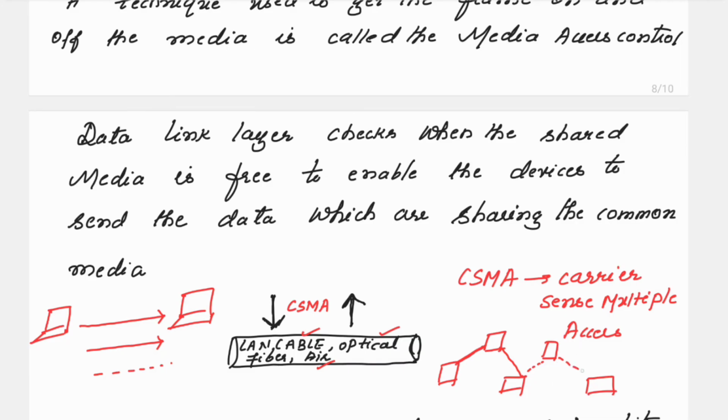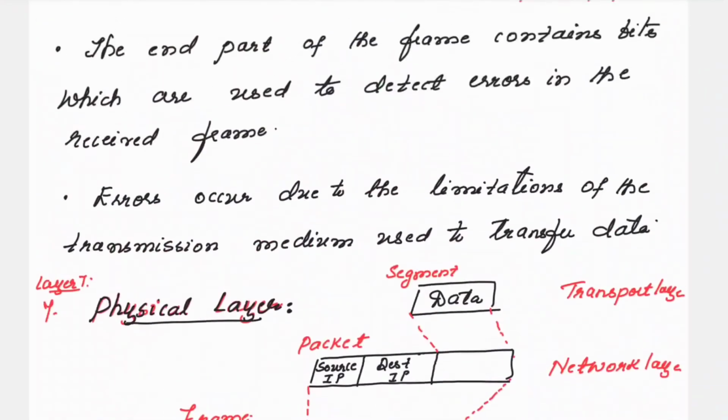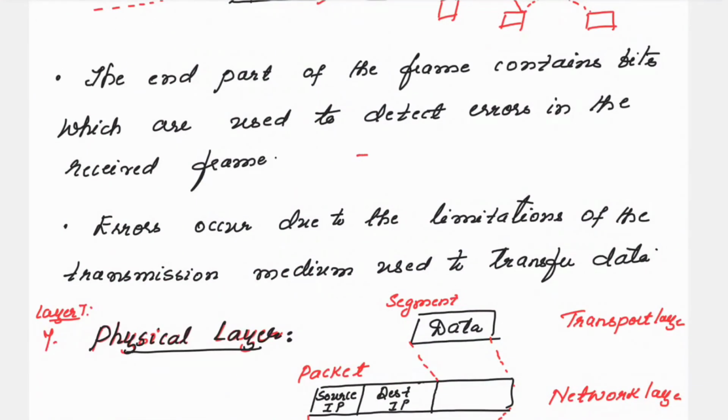So there are different possibilities, and the devices used in the network may be connected using different transmission media. So it is the job of the data link layer to see that this transmission medium is accessible by the upper layers to send the data. And moreover, since the data is traveling over the internet from the sender to the receiver, to check for errors, the data link layer adds bits at the end of the frame.